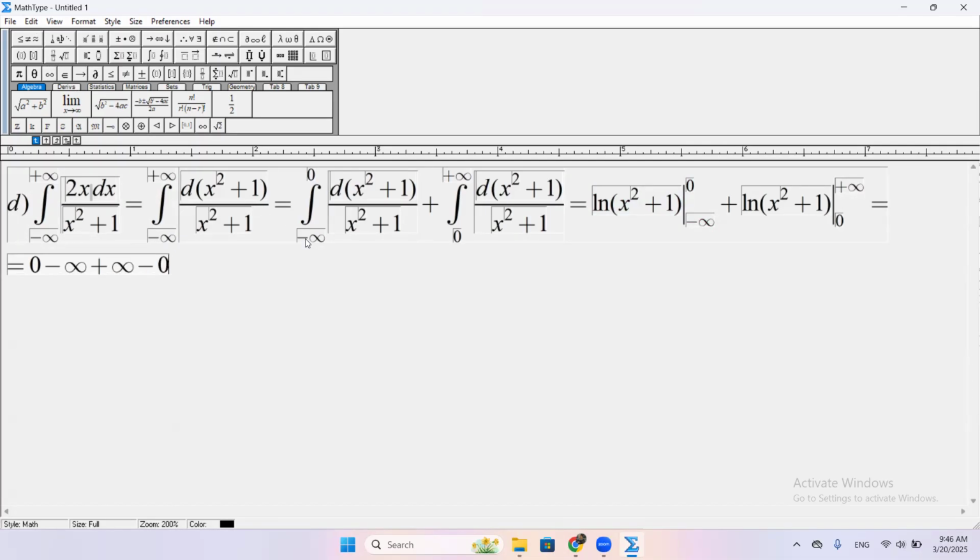And actually this is an indeterminate form for such case, and we will have as the result that the integral doesn't converge.